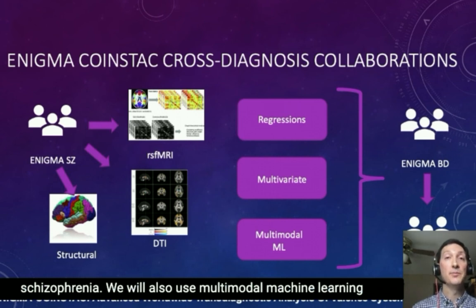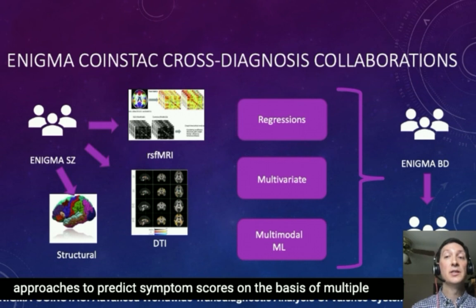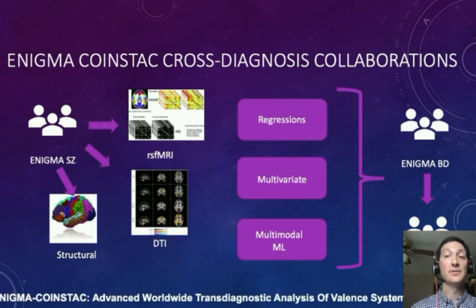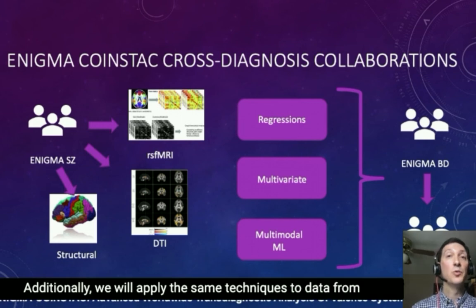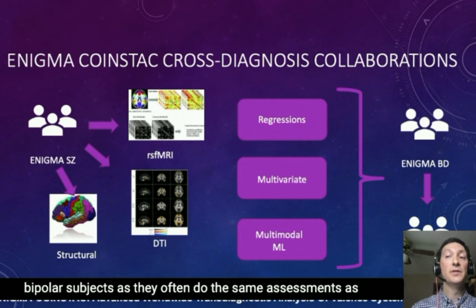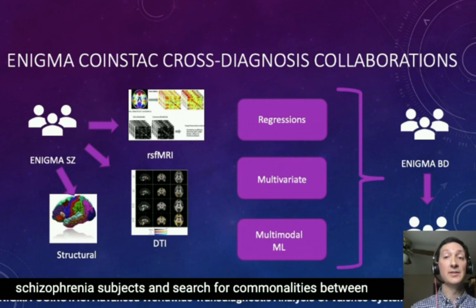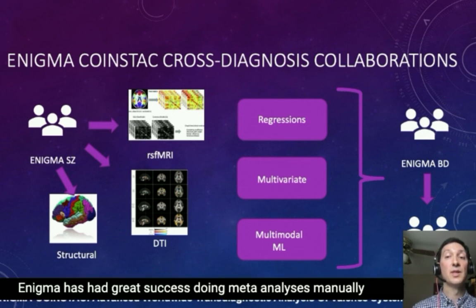We will also use multimodal machine learning approaches to predict symptom scores on the basis of multiple neuroimaging modalities. Additionally, we will apply the same techniques to data from bipolar subjects, as they often do the same assessments as schizophrenia subjects, and search for commonalities between the disorders.